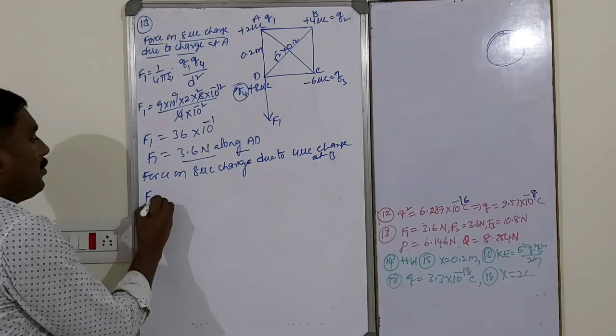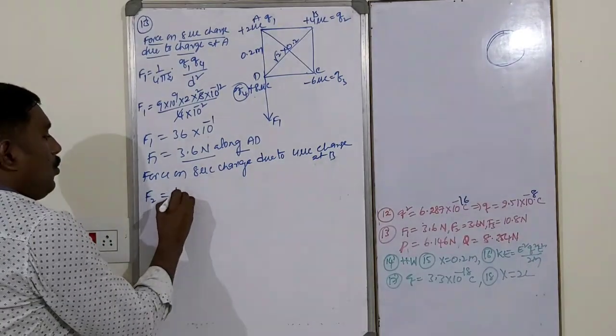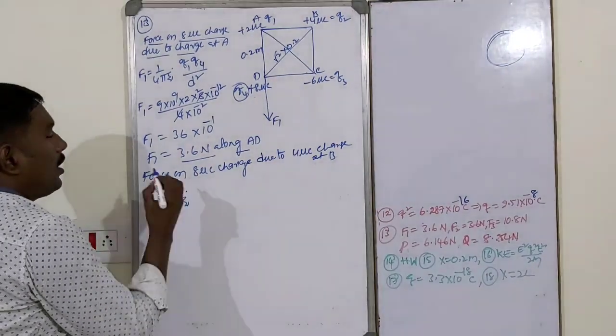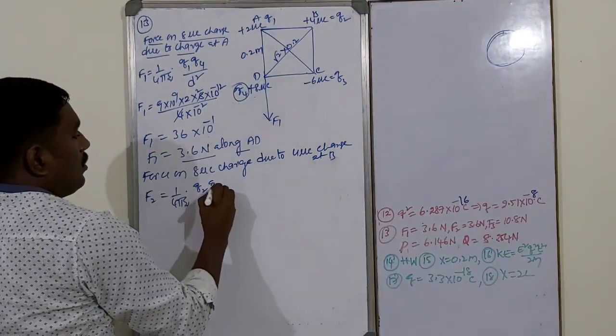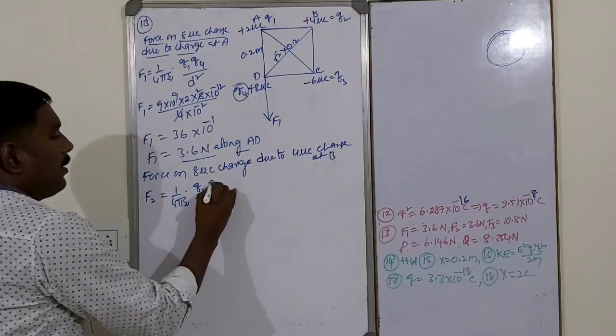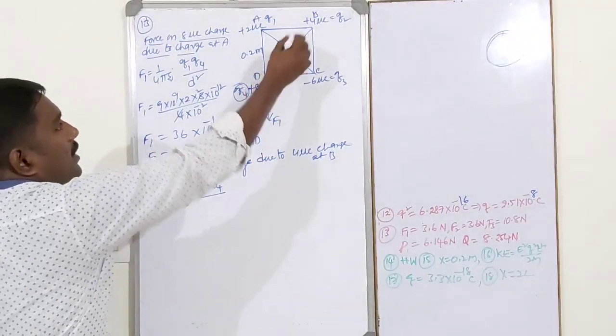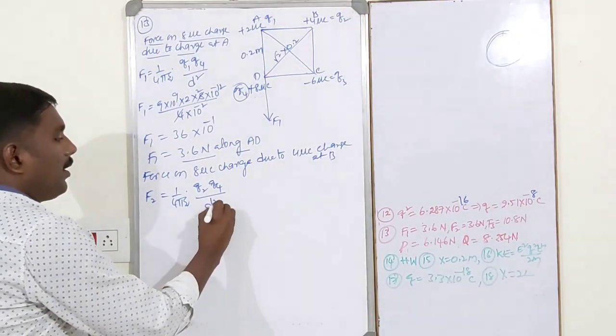F2 is equal to 1 over 4 pi epsilon naught into Q2 Q4 divided by the distance squared.